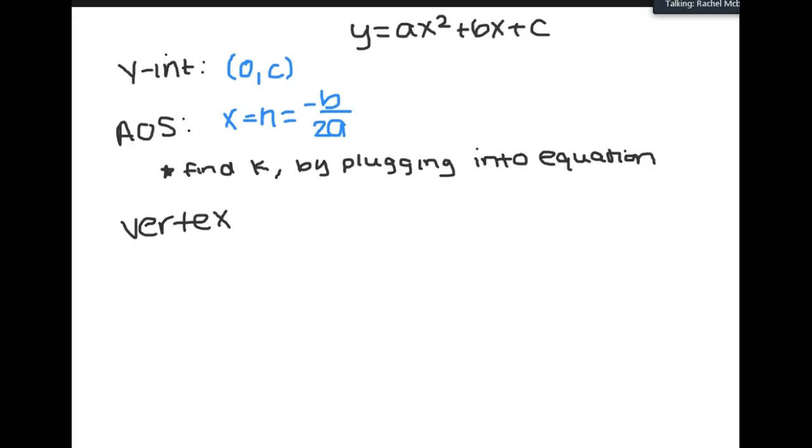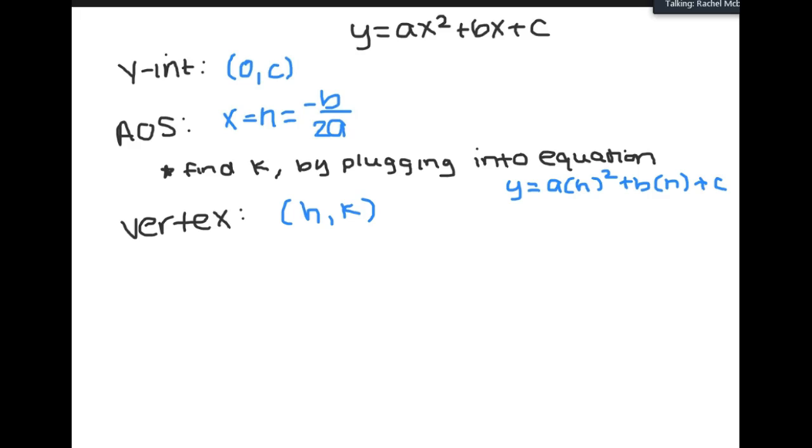Your vertex is still and always will be (h, k). But again, you have to find h and k, where h is negative b divided by 2a, and k is found by plugging h into the equation. So it's kind of like y equals a h squared plus b h plus c.